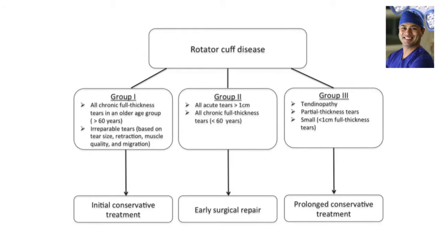They're often irreparable, but not necessarily. But nonetheless, in a chronic, degenerative, old rotator cuff tear in an older age group, that greater than 60, I think this is an old slide, and I would shift that greater than 70. 70 is the new 60. Similarly, I'm approaching 50, but 50 is the new 40. So chronic full thickness tears, older age group, a more degenerative wear and tear type phenomenon.